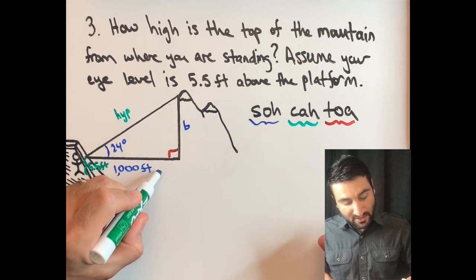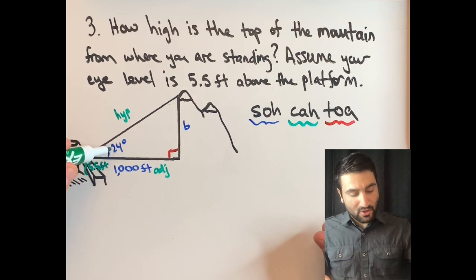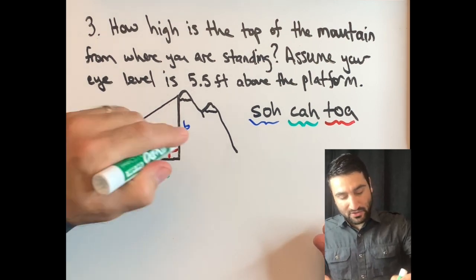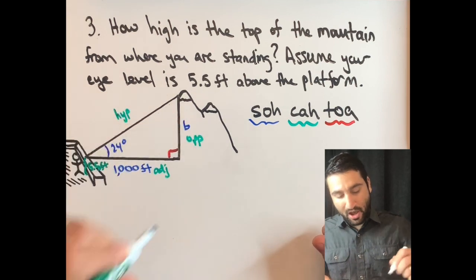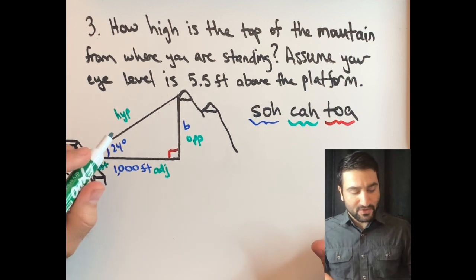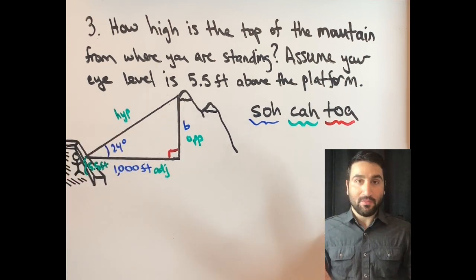So adjacent will be this side, and then the opposite will be the one opposite from that 24 degrees.